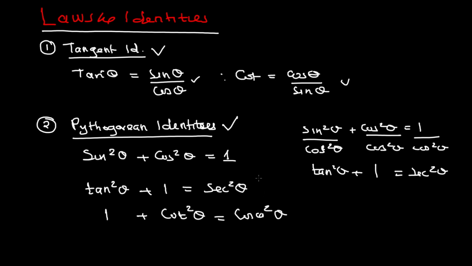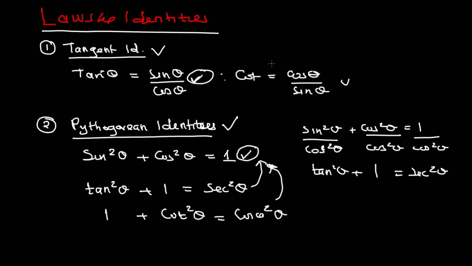This is the journey of knowing what these identities are all about. Right, so we have now this one and that one as our main identities that we have to know. Then the rest we can derive from there, and that we can derive from here.